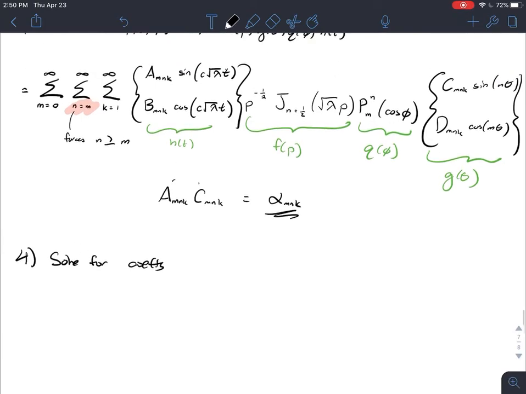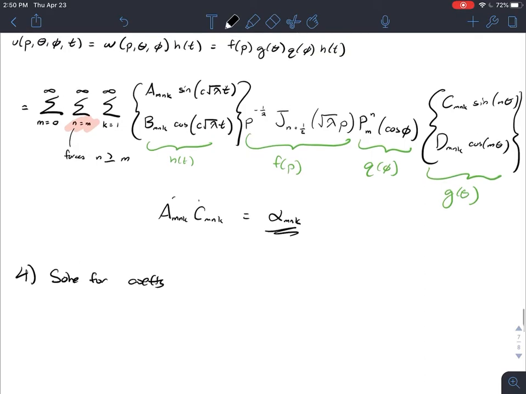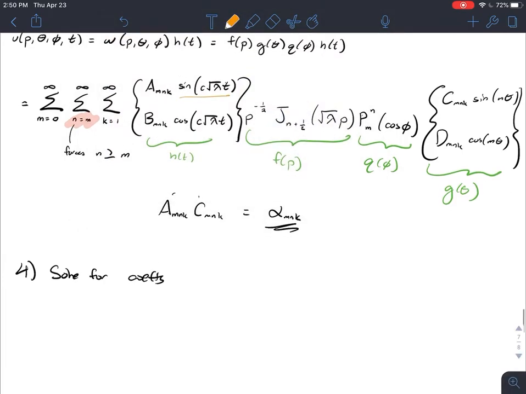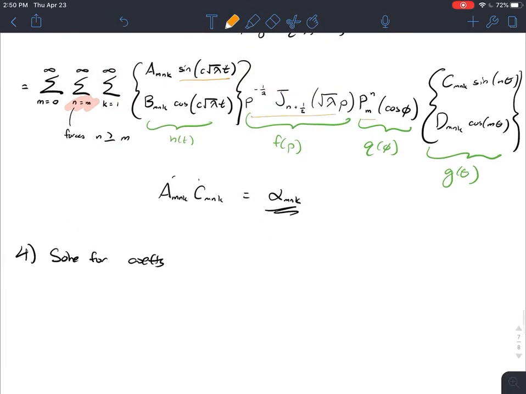I'm just going to solve for alpha m n k. Alpha m n k corresponds to the case underlined in orange right here, sine, and obviously these terms in f and q are going to be across all terms, and then this term right here.